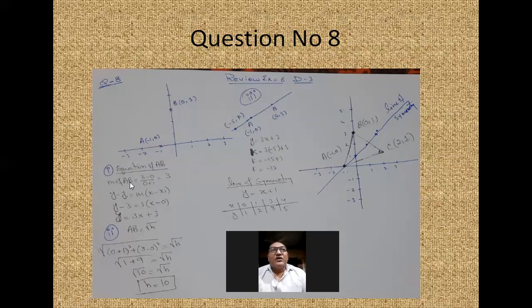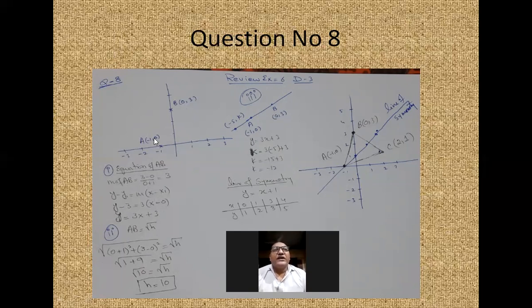Here we find the gradient m. y2 minus y1 is 3 minus 0, divided by x2 minus x1, which is 0 minus minus 1, making it 0 plus 1. So the gradient is 3 divided by 1, which means 3. Once I know the gradient, I use one of these points with y minus y1 equals m bracket x minus x1.